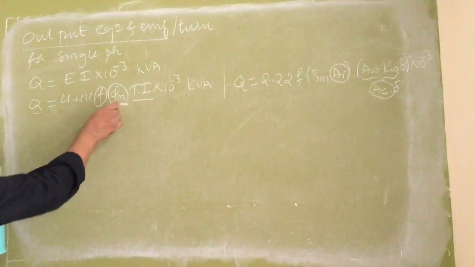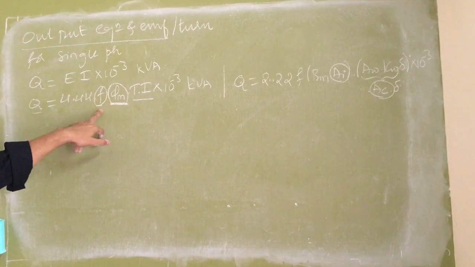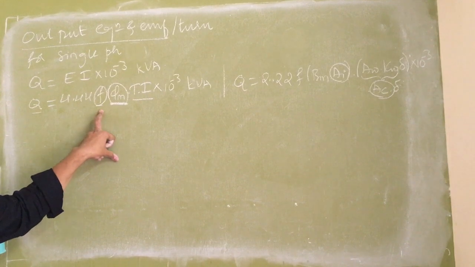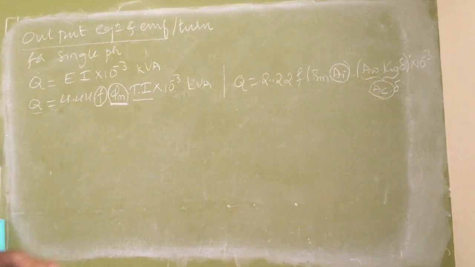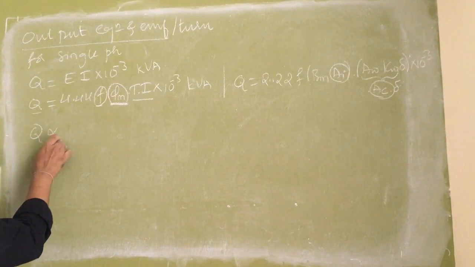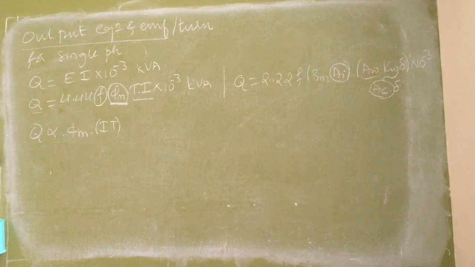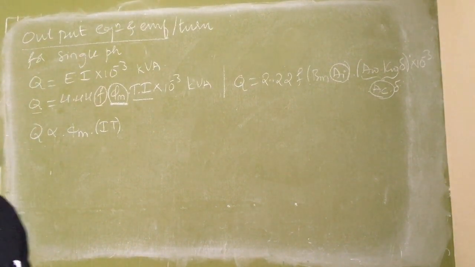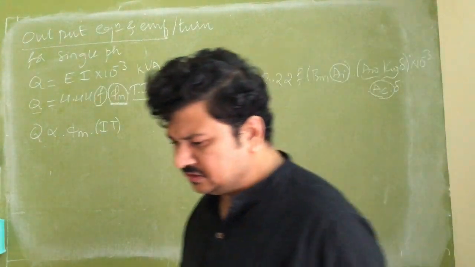Now if you see this equation Q, 4.44 is a constant. Frequency will remain constant because it is based on the supply system. 10 to the power minus 3 is a constant. I can say Q is proportional to phi m into IT. Now we know that Q is a constant because the output power is the prime input to the design.